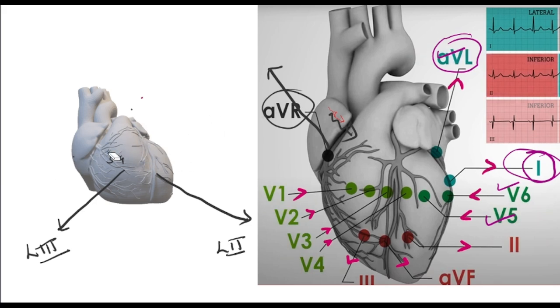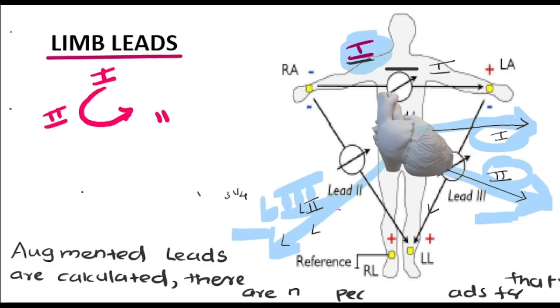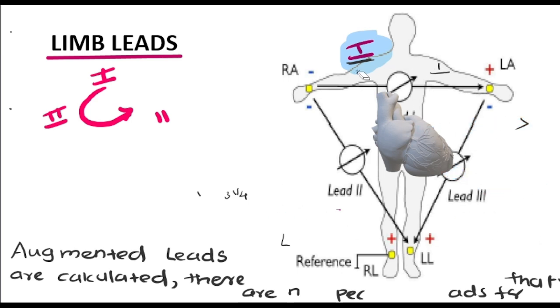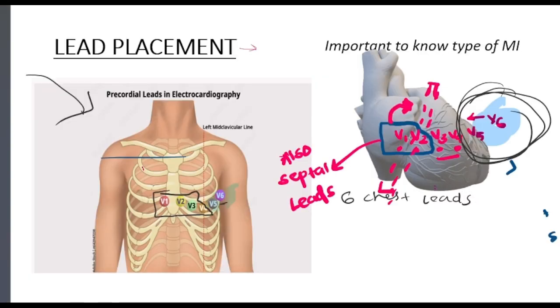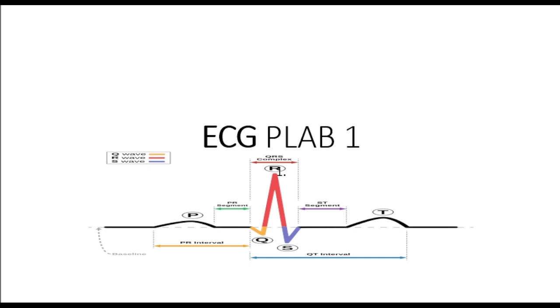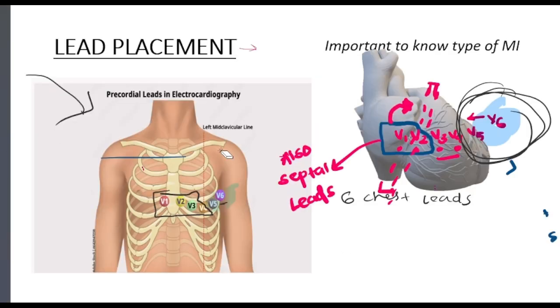Now we have covered 6 chest leads and 3 limb leads, and I told you we do have 3 more leads, but for that we are not keeping any electrodes; we are calculating from the existing limb leads. After having these 9 leads, the scientists thought, why can't we create some more leads so that we get an accurate picture of the electrical activity of the heart in all directions.